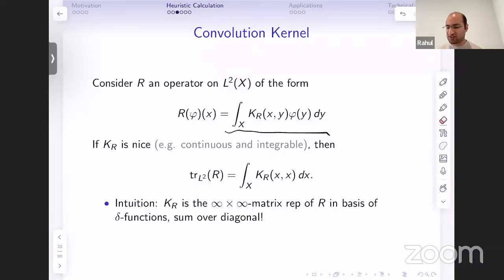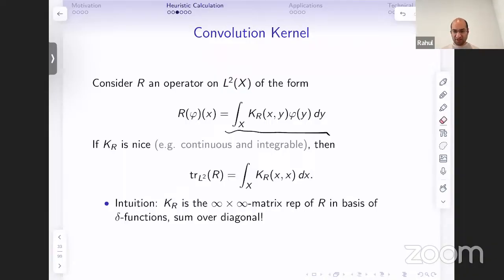So you're basically thinking of this operator as an infinity by infinity matrix, represented in a basis of delta functions at every point in the space X. All this is saying is that this is an integral version of the trace of a matrix as a sum over the diagonal entries. So this is the formula that we're going to use to get another way to look at the trace.